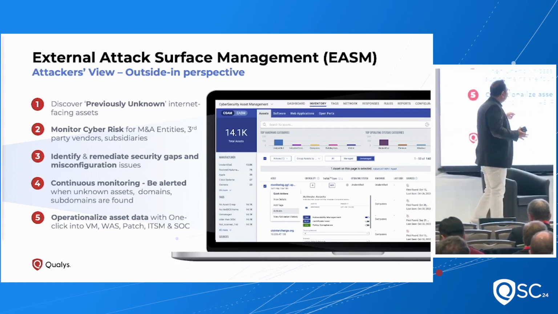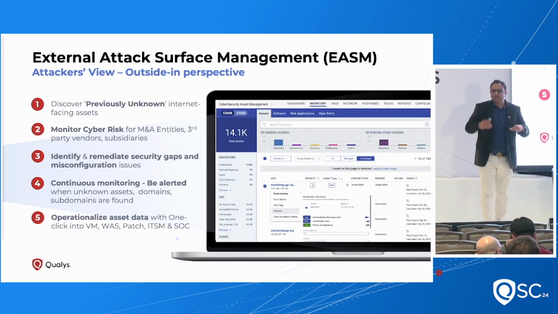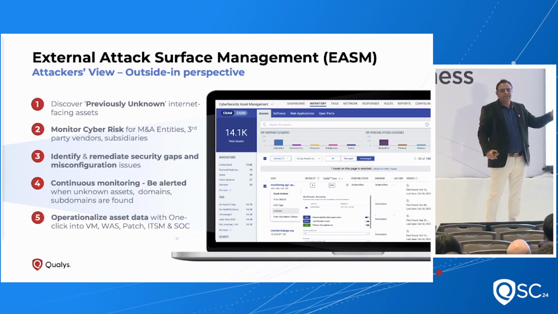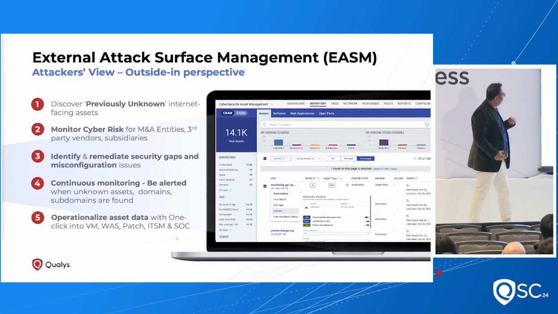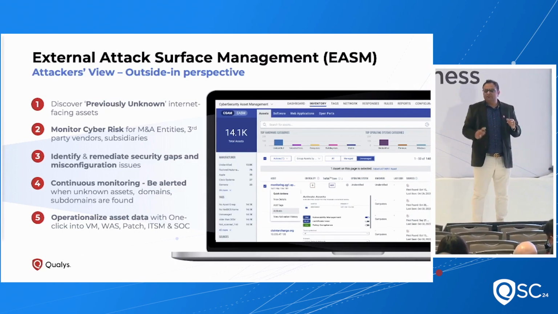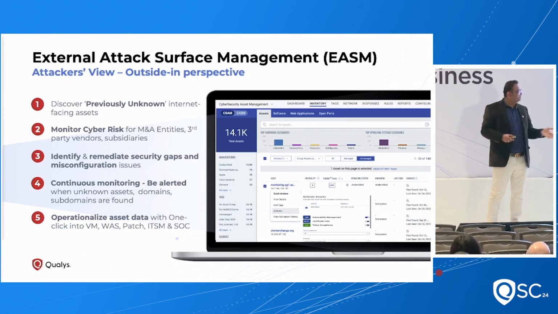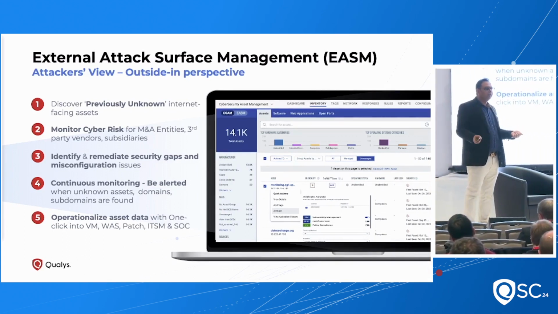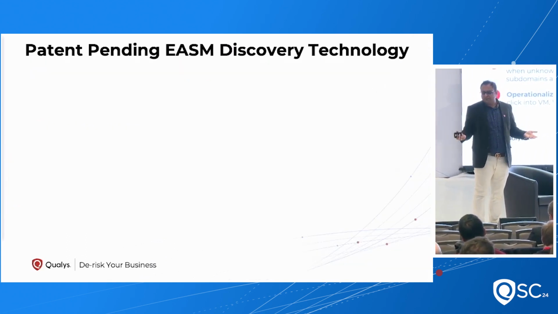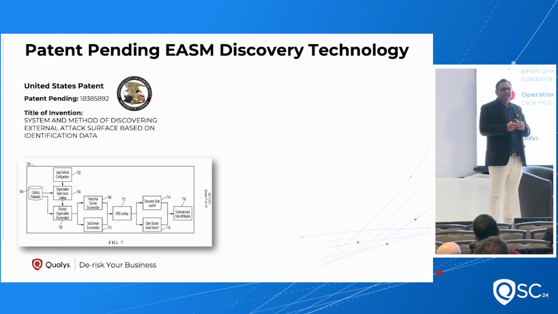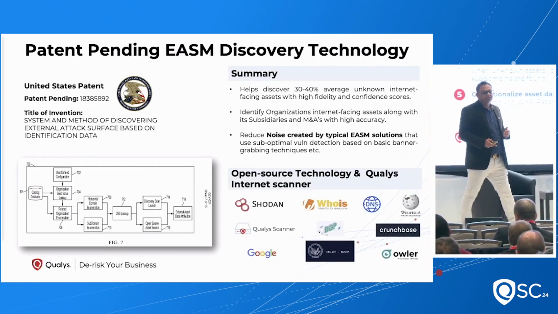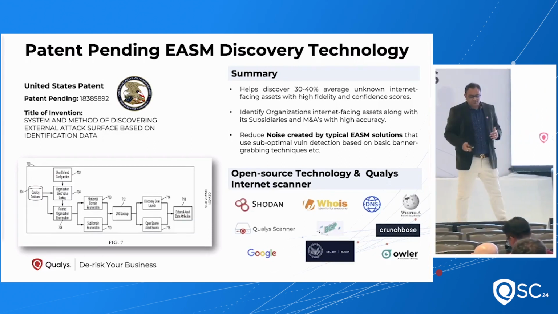So with our one-click workflow, as you see, you discover all of your internet-facing assets, including your web servers, including APIs, including the domain, subdomain, and with one click, you can launch the vulnerability scan, web application scanning, or policy compliance scanning. In fact, with our built-in integrations with the ServiceNow CMDB and the BMC Helix CMDB, you can take those assets and put them in your CMDB as well, right? So everything is a part of the same package.